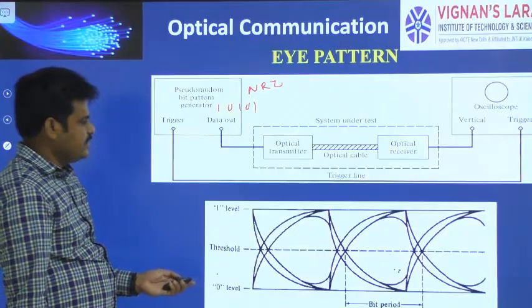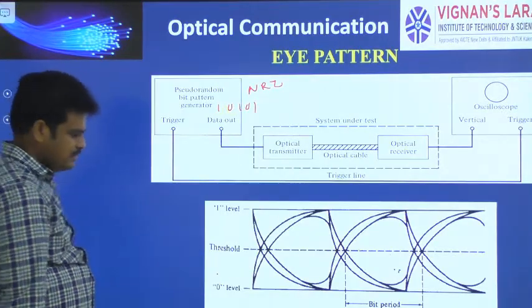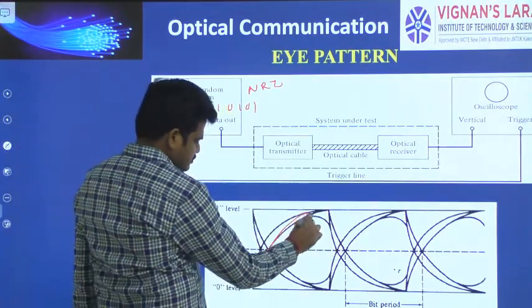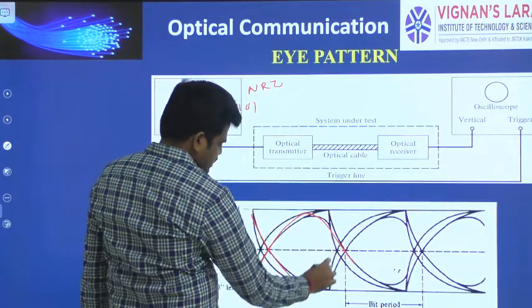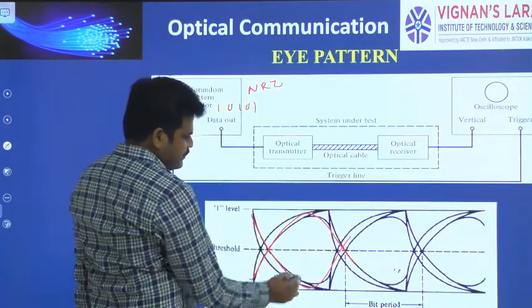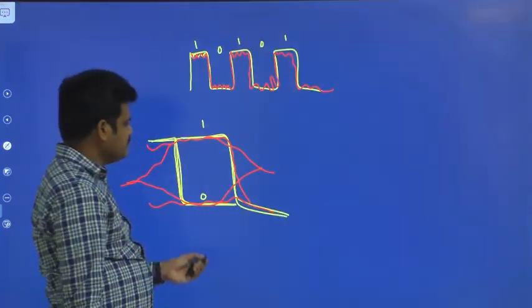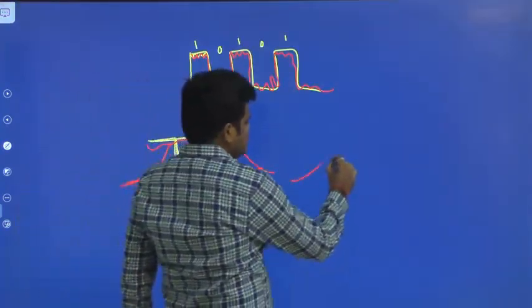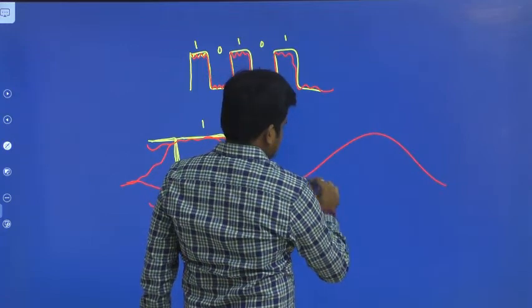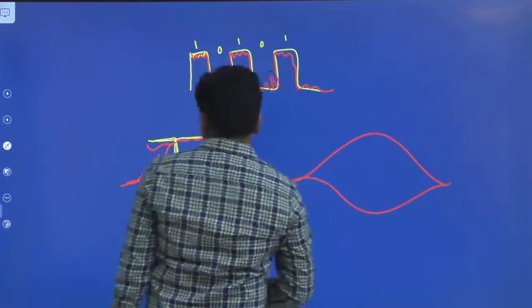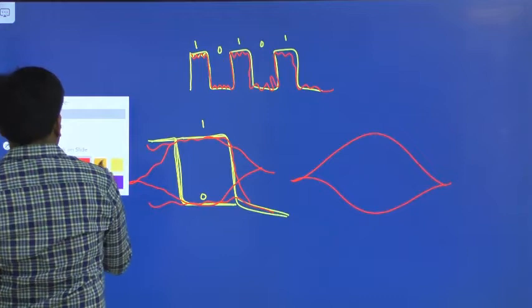For example, see this diagram. If you observe, it is looking like an eye.